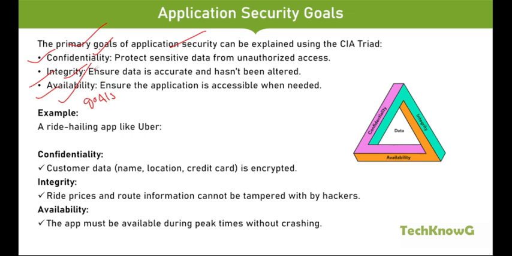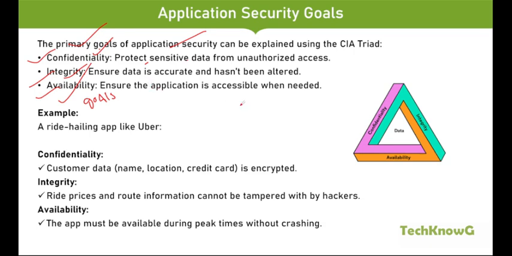Before taking an example, I will tell you what confidentiality is. Protect sensitive data from unauthorized access. What that means is, let's say if any application is there, it should not be accessed by any other person apart from its own developers or admins. Then integrity.